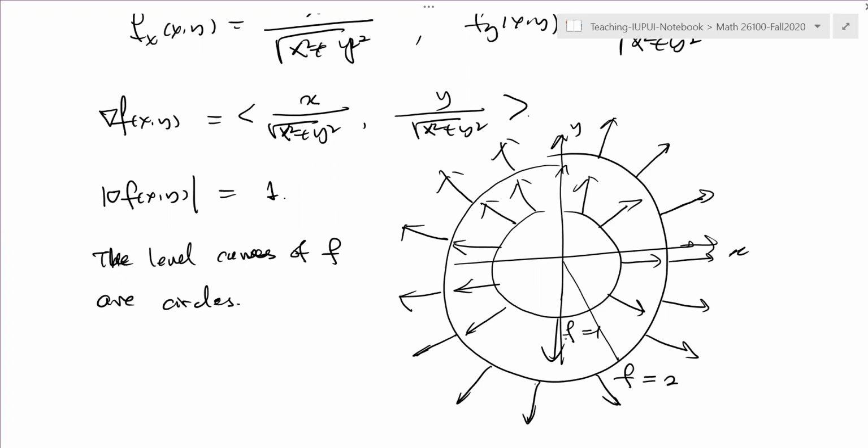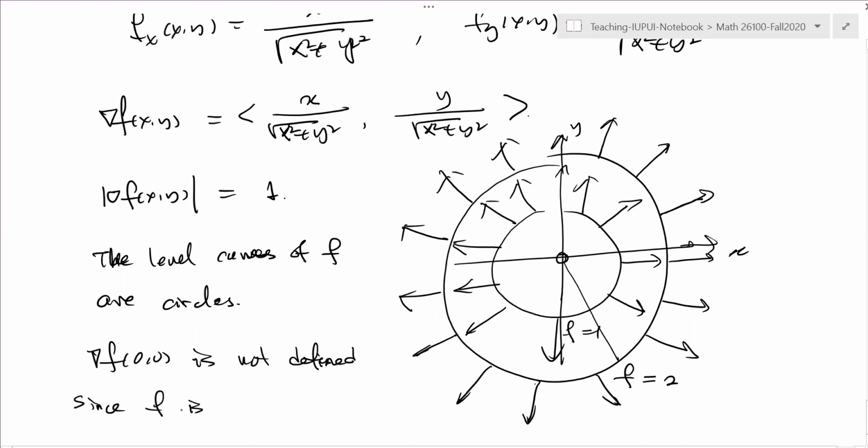And the function is not differentiable at the origin, so there's no gradient vector at that point. Okay, so the gradient at (0,0) is not defined. Why? Since f is not differentiable at the origin.